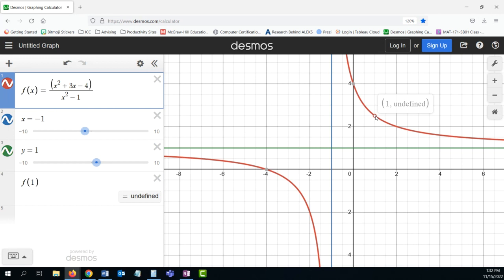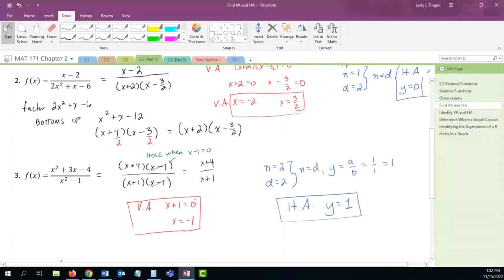I found the x value because of this division. When I took my original function and broke it down into its factored forms, I had a common factor of x minus 1. When I divide that away, I have to respect the fact that I took x minus 1 and divided by x minus 1. x minus 1 is never allowed to be 0.